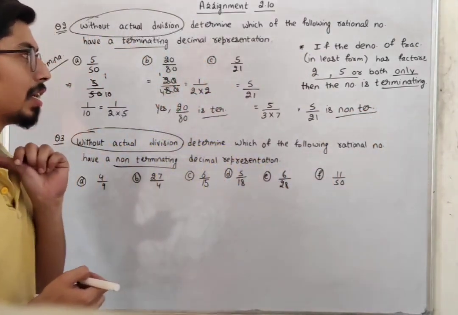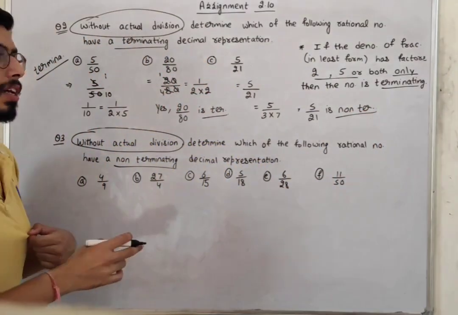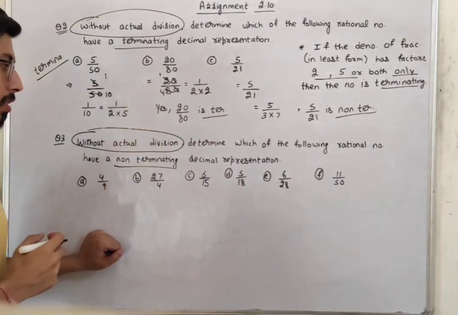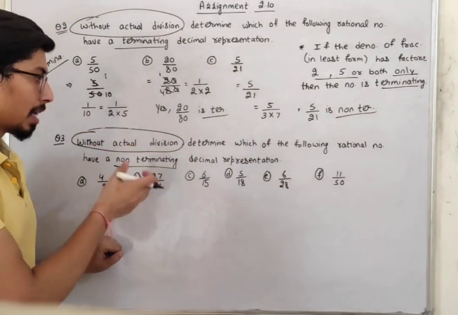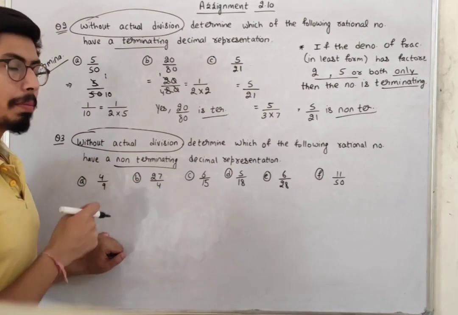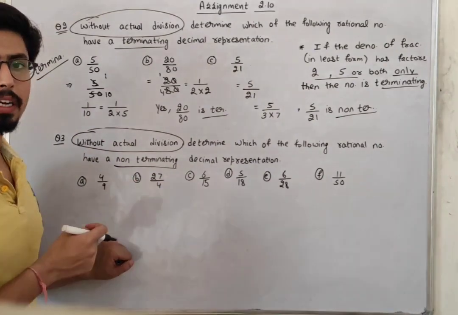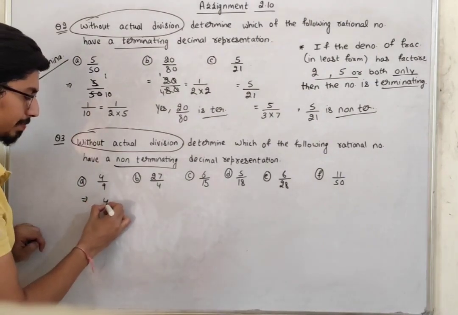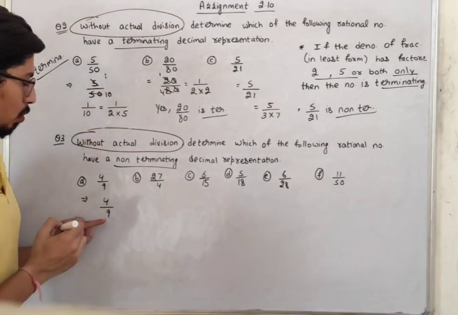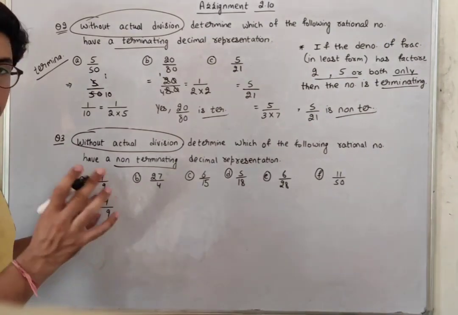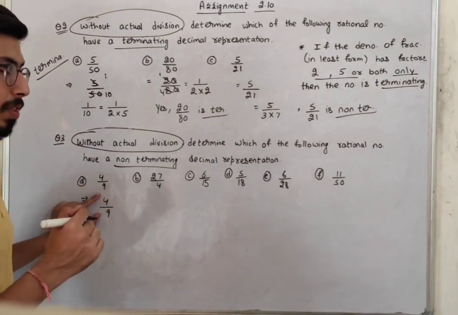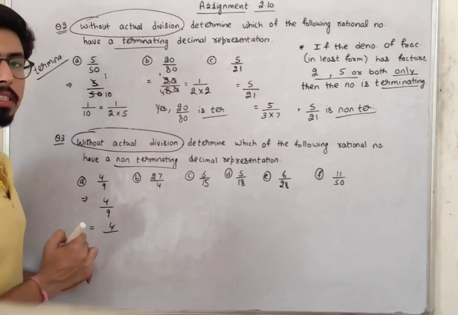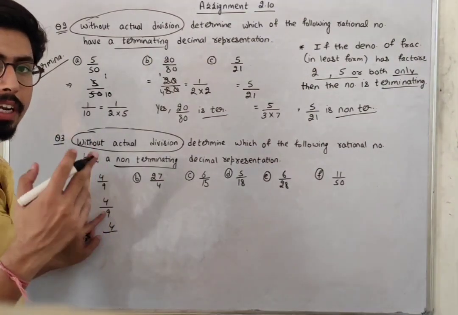Okay, students. So similarly, in our question, we have to find out which among the 6 parts are the terminating or the non-terminating fractions. So if I take 4 by 9, it is in the simplest form first of all. So I just write this 4 as it is. 9 can be written as 3 into 3.